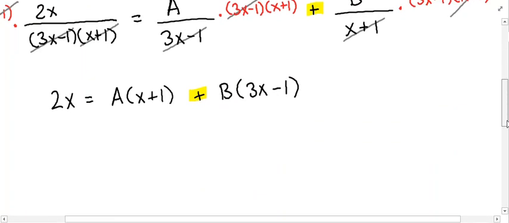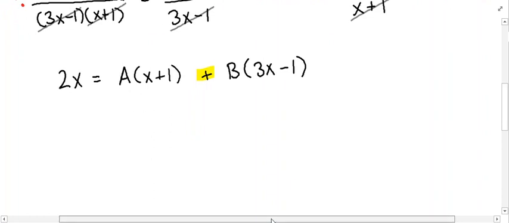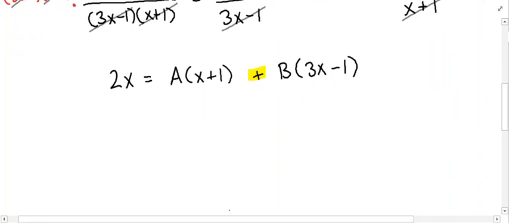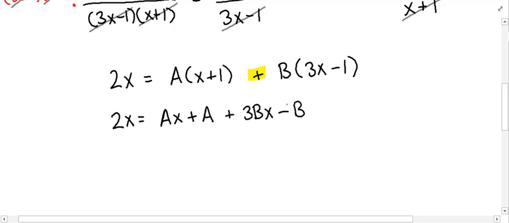The fractions are gone. Our gut tells us to go ahead and distribute. So we're going to get 2x is equal to a times x plus a plus 3 times b times x minus b. We need to combine like terms on the right.